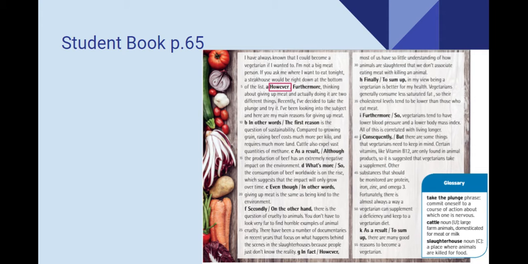Okay, let's check. Recently, I have decided to take the plunge and try it. I've been looking into the subject and here are my reasons for giving up meat. The first reason is the question of sustainability. Compared to growing grain, raising beef costs much more per kilo and requires much more land.